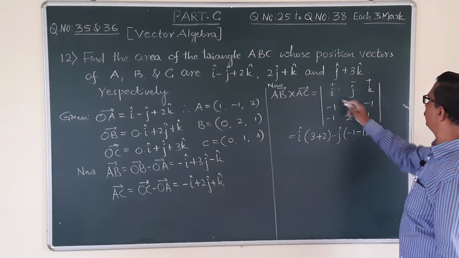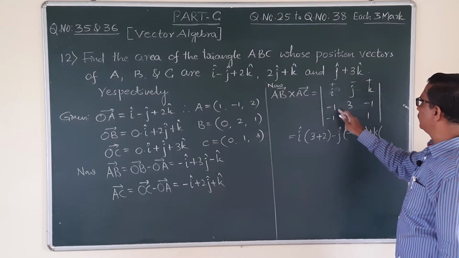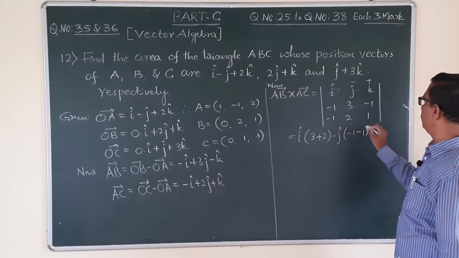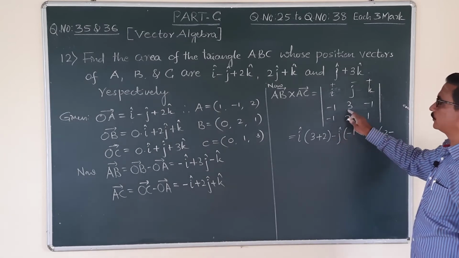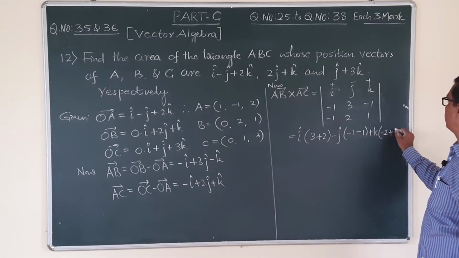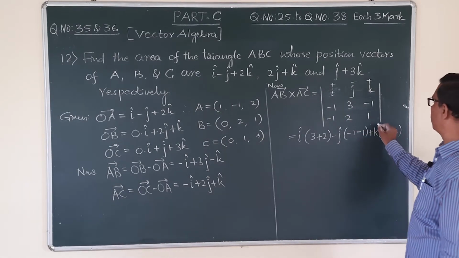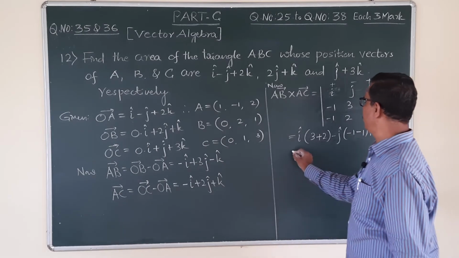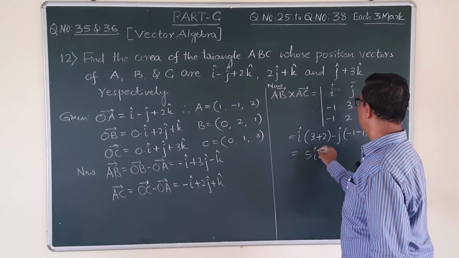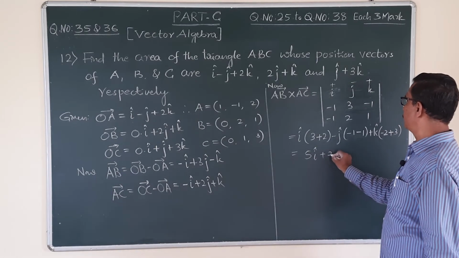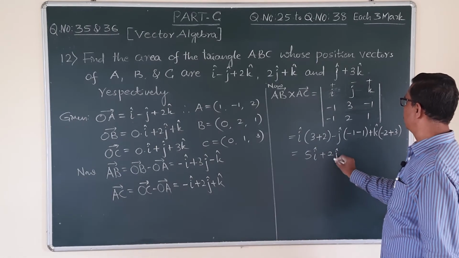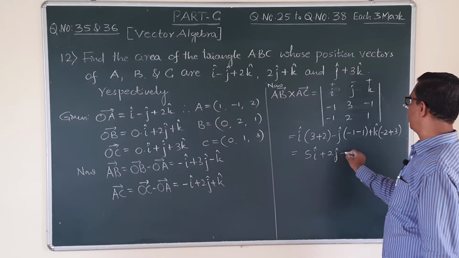Plus k into, deleting first row, third column, the difference of the cross multiply: minus 2 minus minus 3, that is plus 1. Then simplify: 5i minus j into minus 2 plus 1k, that is 5i plus 2j plus 1k.